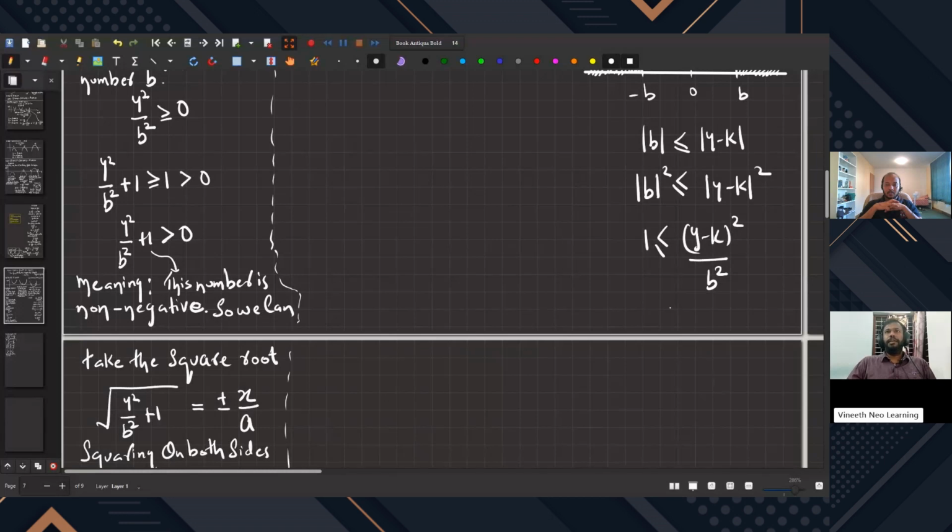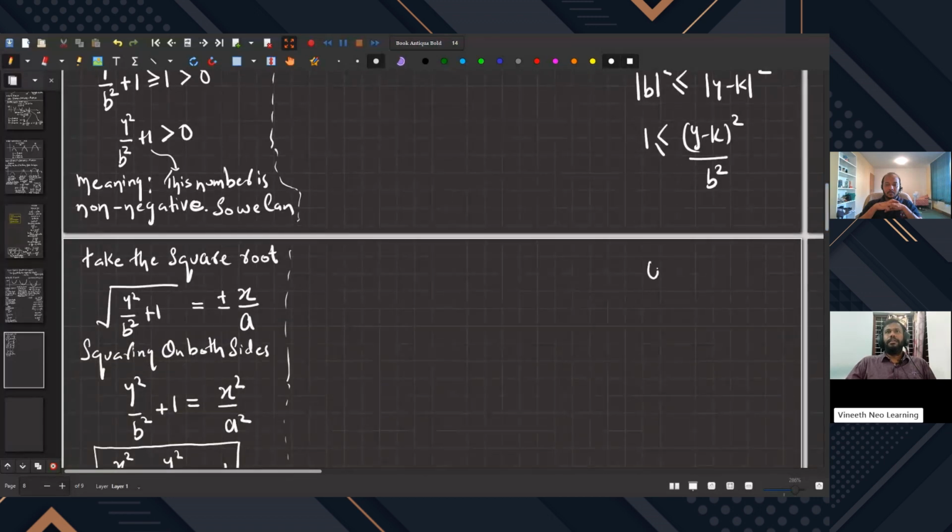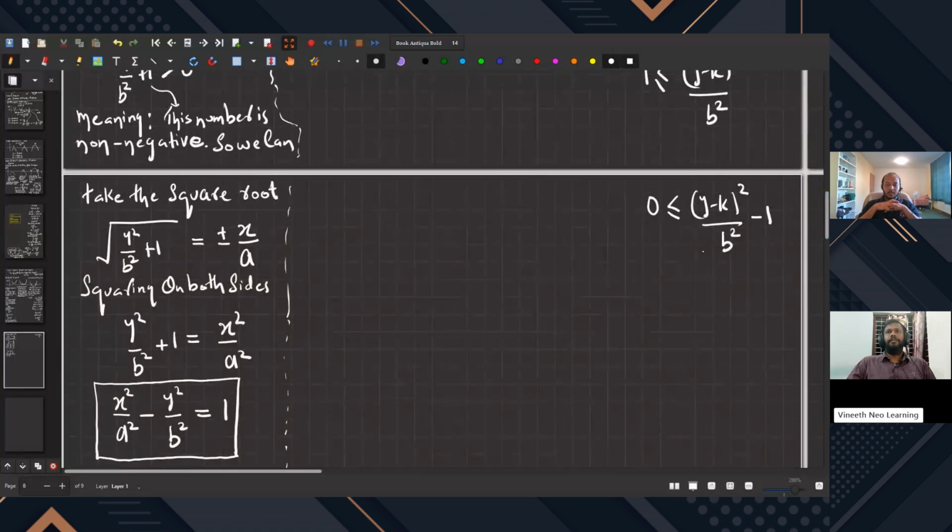If we move 1 to the right, we get 0 is less than or equal to y minus k, the whole squared, over b squared, minus 1. This number is non-negative, not positive, since it can also be 0.